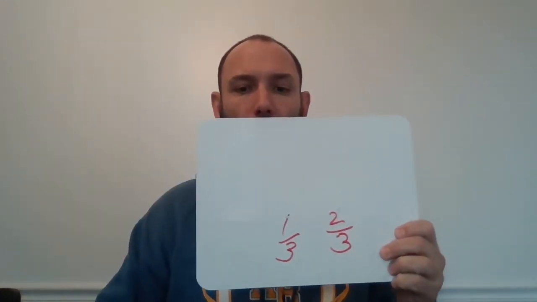Now, from there, this week, we're going to be taking a look at comparing fractions. So I'm going to just erase some of these lines here. And let's take a look at the fractions 1/3 and 2/3. A little bit bigger.